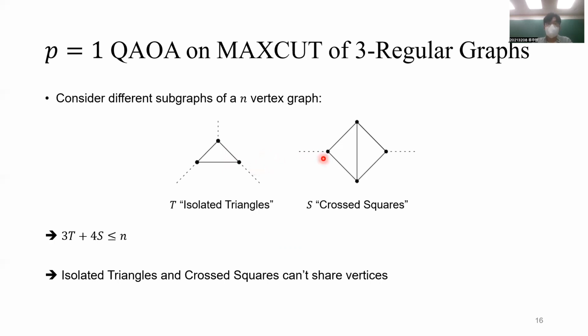If they share vertices, then that means that there exists a vertex with more than 3 neighbors. So this means that 3t, which is the number of nodes in each triangle multiplied by t, and then 4s, which is just 4 multiplied by the number of squares, must be less than or equal to n because they can't share vertices.